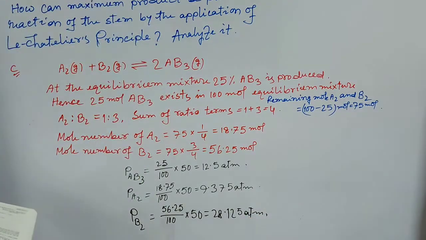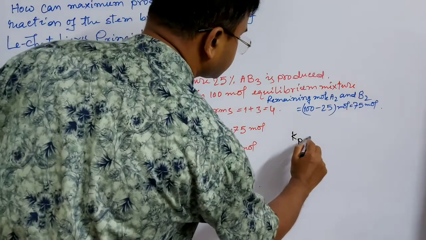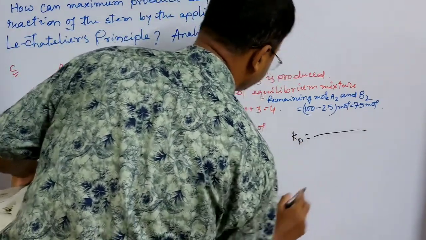And we know that the equilibrium constant for partial pressure, Kp, equals partial pressure of product.